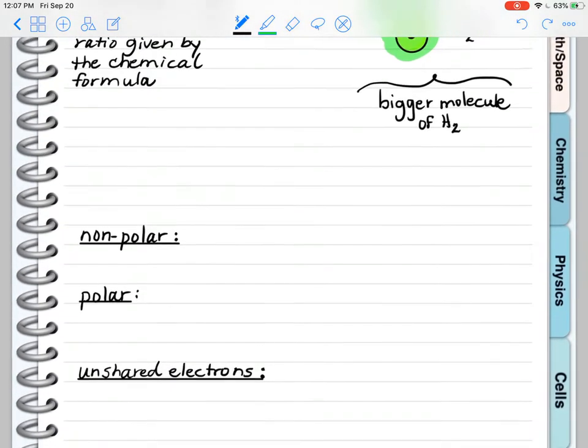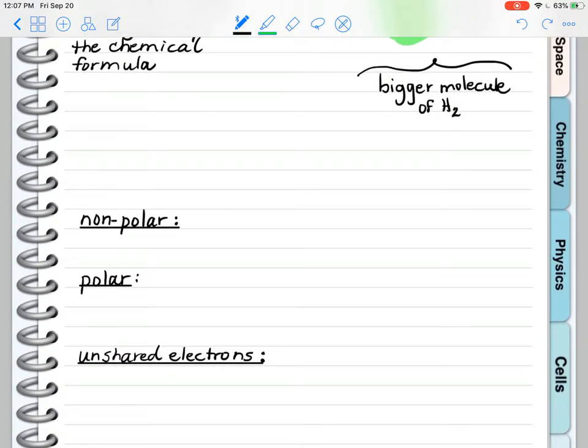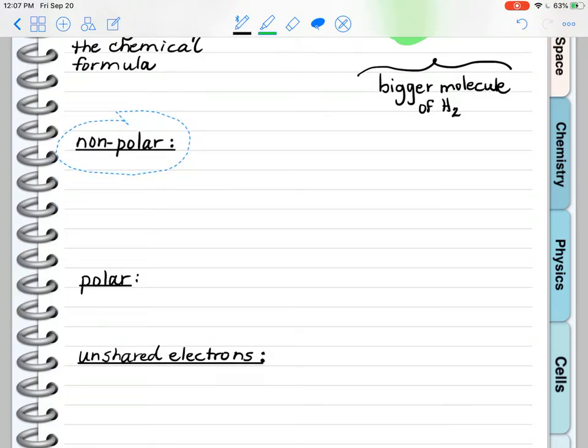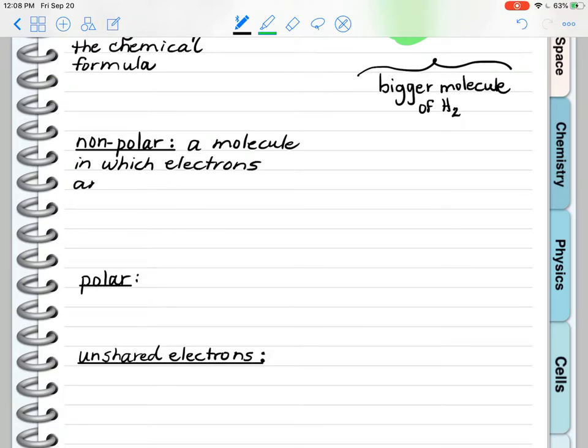Okay, polar and nonpolar. Let's move this up just a hair. Nonpolar is a molecule in which electrons are shared equally, and remember what that's called when you share electrons.